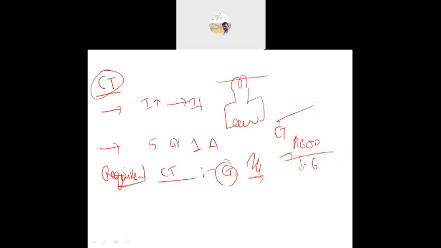Usually the fault currents are many times the normal currents.